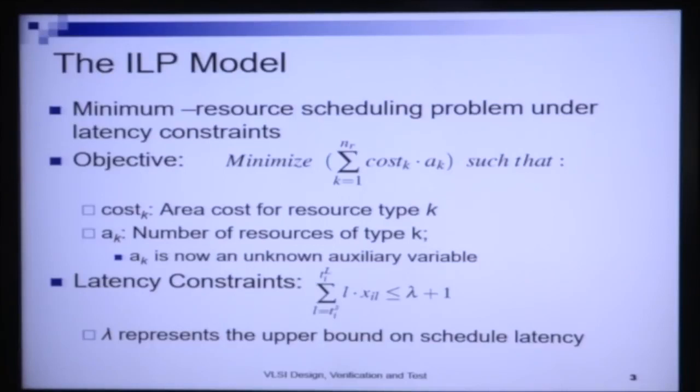Minimize the sum over k equals 1 to nr of cost k into ak. What does this mean? Here cost k is the area cost for resource of type k, and ak denotes the number of resources of type k. So, what do we want to minimize here?